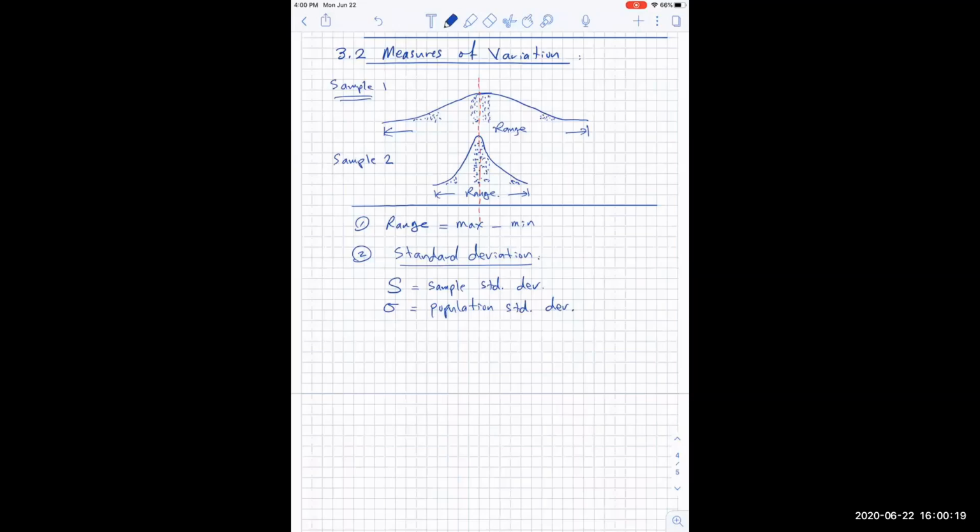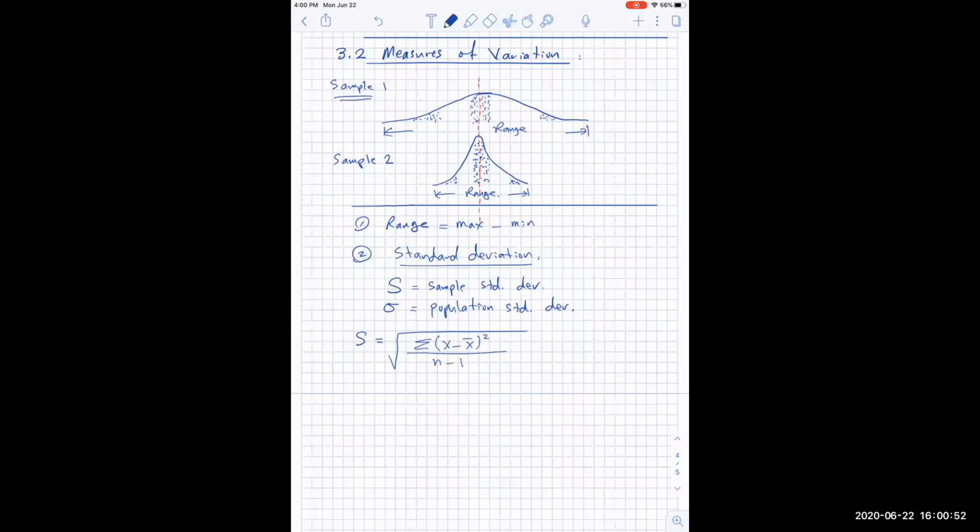Here's the formula for the sample standard deviation, S. It is equal to the square root of the sum of x minus x bar squared over n minus 1.